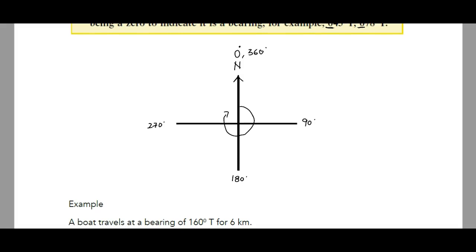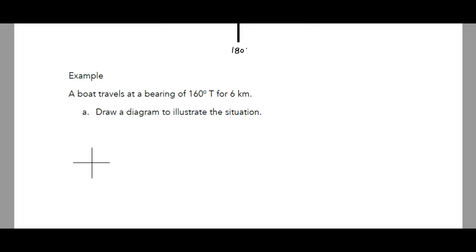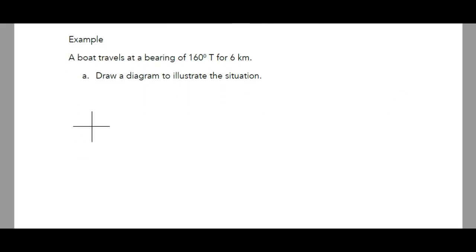Now moving on, let's have a look at an example where we apply some true bearings. In this example, a boat travels at a bearing of 160 degrees T for 6 kilometers. And in part A of this question, they've asked us to draw a diagram to illustrate this situation. Now again, let's just mark our northern direction.